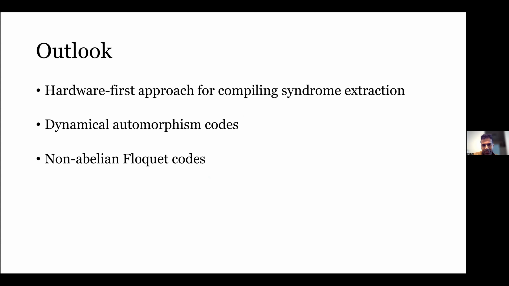These Pauli stabilizer codes describe abelian topological order. One question that we are currently interested in is generalizing our framework to non-abelian topological orders. So in that sense, we can construct non-abelian Floquet codes and maybe even generalizations of such non-abelian codes to LDPC codes. With that, I would like to thank you for your attention.